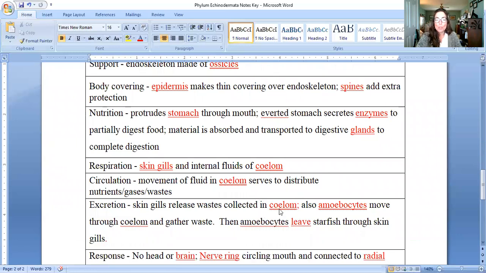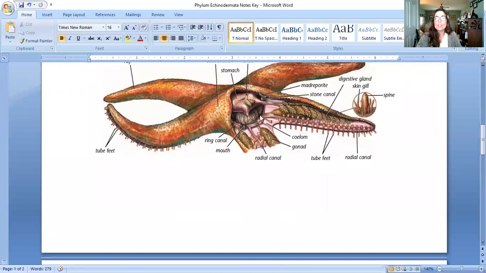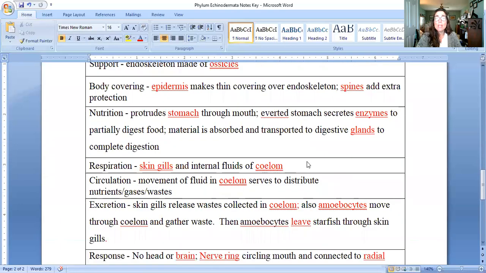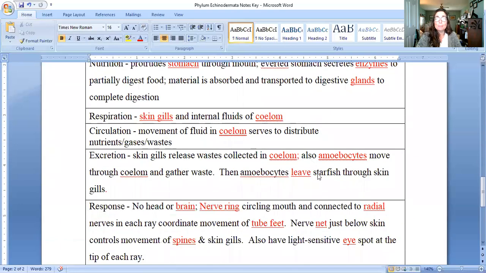Excretion, so when you want to get rid of waste like nitrogenous waste, same idea. The nitrogenous waste enters the coelom from all the cells that are breaking down proteins, and then the nitrogenous waste can leave through the pores of the starfish, like at the gill.